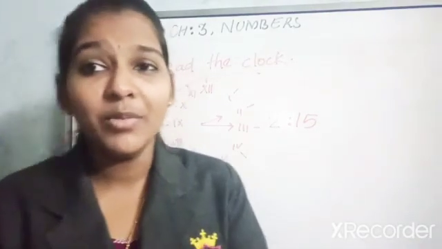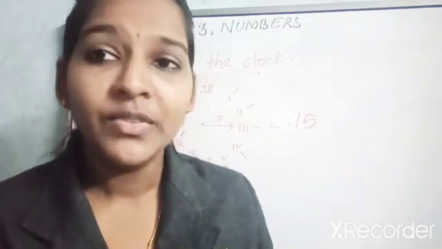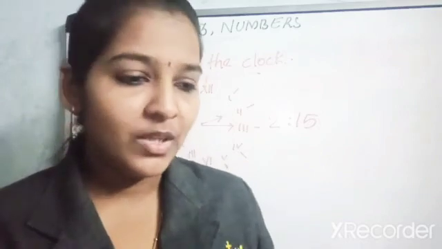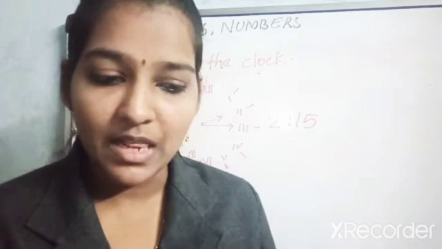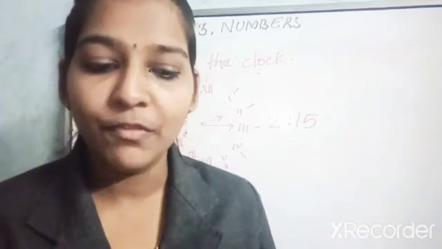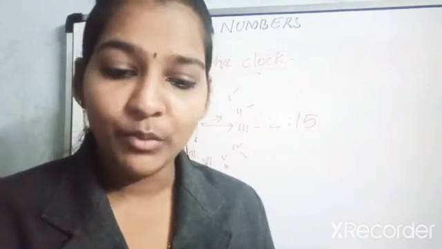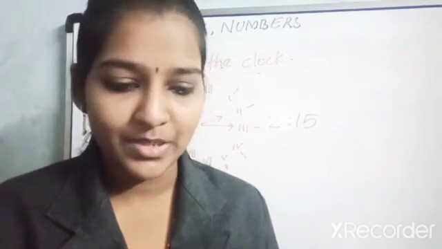Children, now I am going to read a question from your textbook, page number 43. That is example 12. That is a word problem. Rohit scores MDCLV marks in the first semester and MDCVIII marks in the second semester.